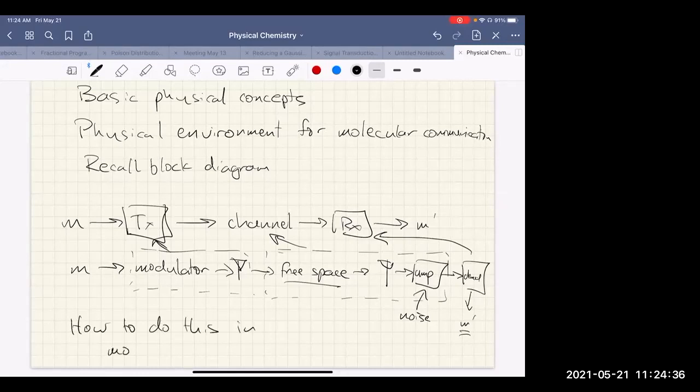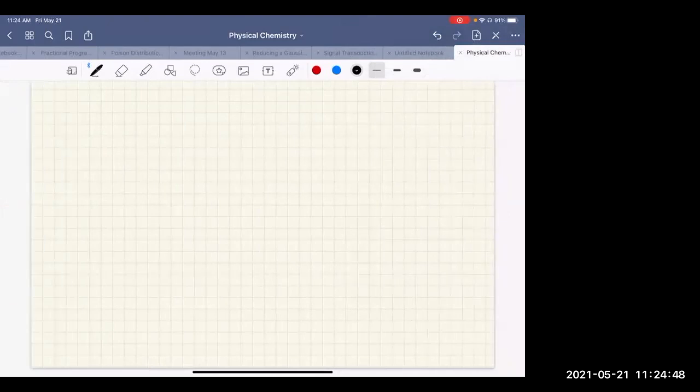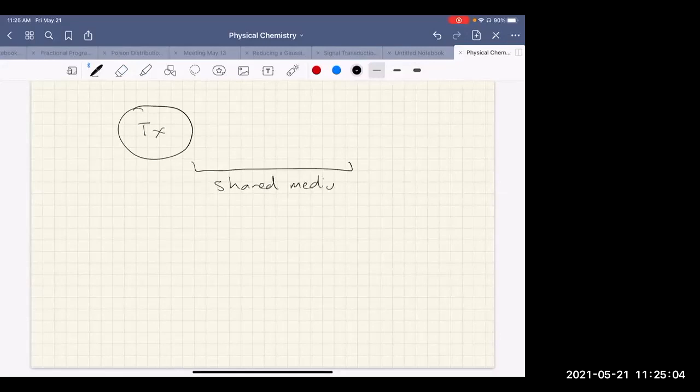Okay, so how to do this in molecular communication? We saw some very basic examples in the introduction. So now let's give that a little more physical structure. The environment that I would look at would be something like this. There would be a transmitter, shared medium, and a receiver. And what's going on is that the transmitter will release molecules.